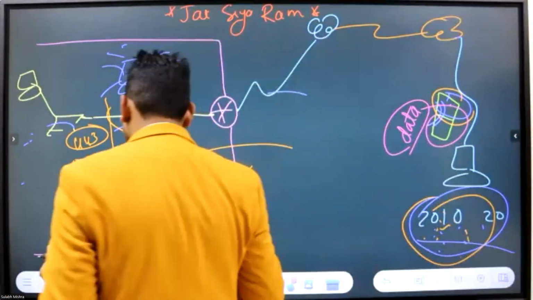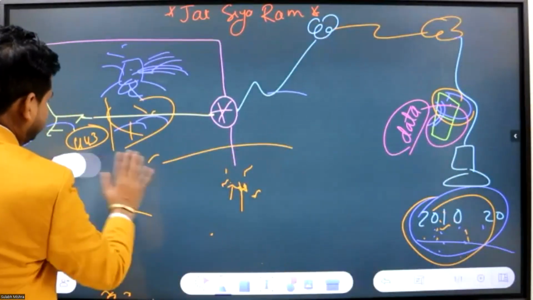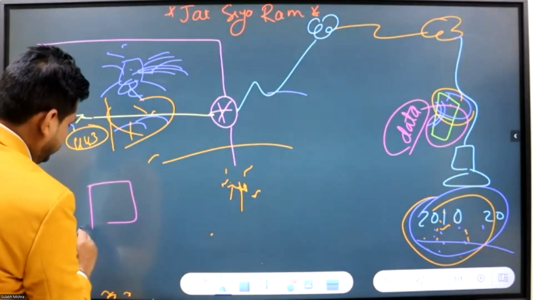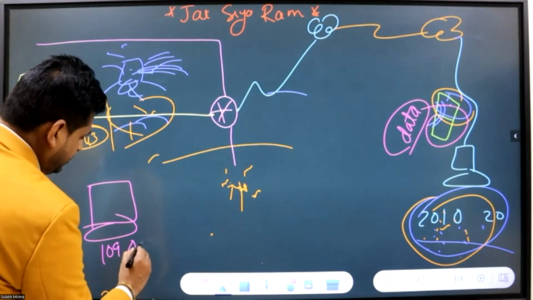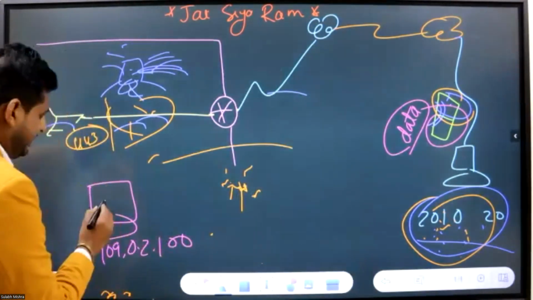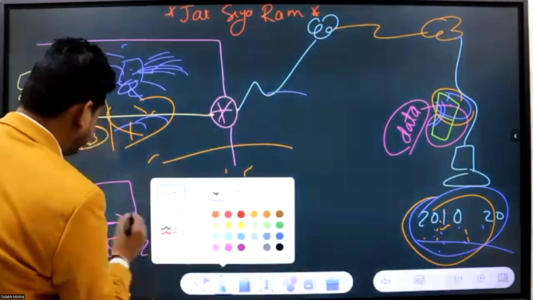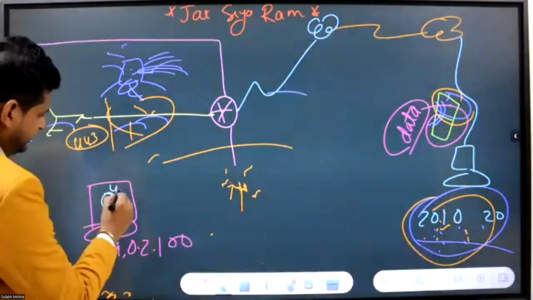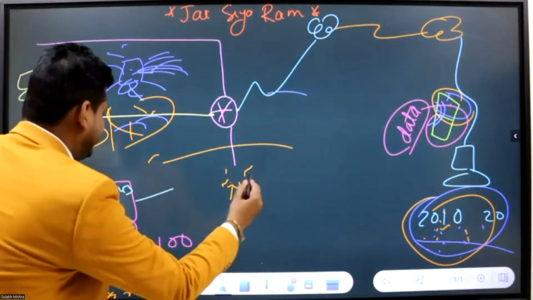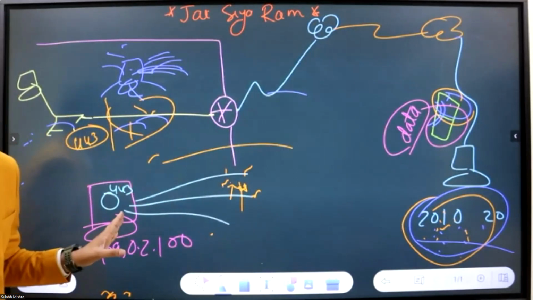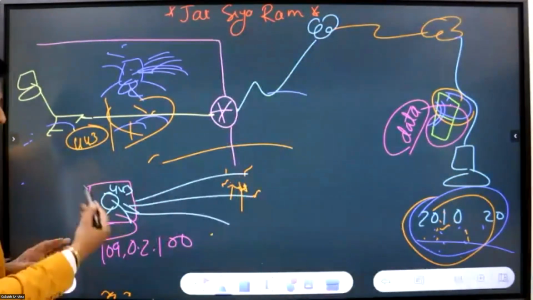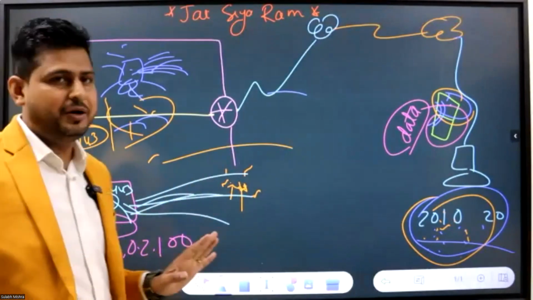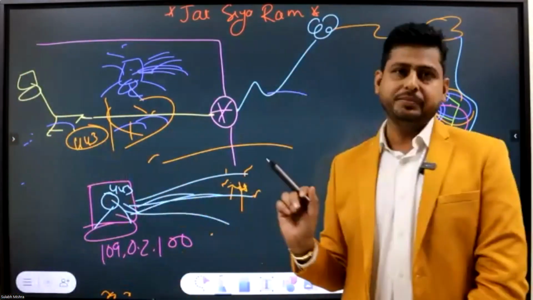For example, this application has the IP address 109.0.2.100, and you deploy it on port 443. Any number of people can access and connect to this application. It depends on the application's capability, how many resources you have, and how much internet bandwidth there is. It does not depend on the port number.